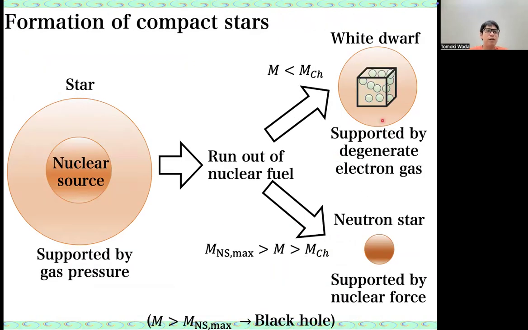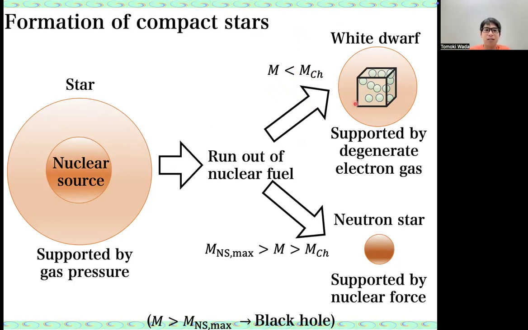Here is a brief summary of the contraction of a fixed mass gas sphere. Sorry, not gas sphere, but stars. When a star runs out of nuclear fuel, it cannot make energy and just contracts. When this mass is smaller than the Chandrasekhar mass limit, this gas sphere can be supported by electron degeneracy pressure.